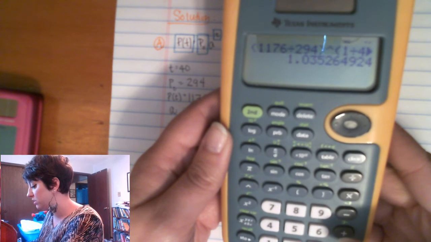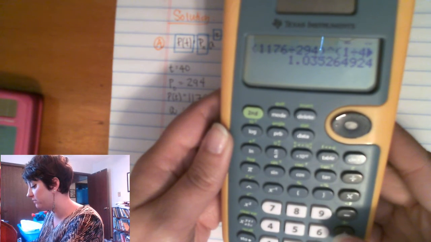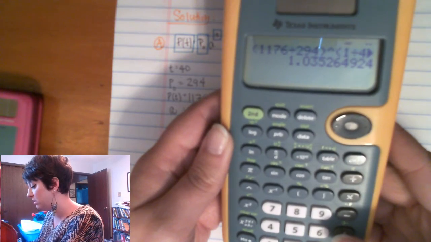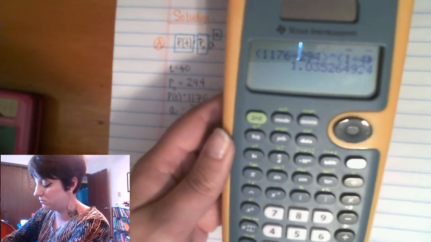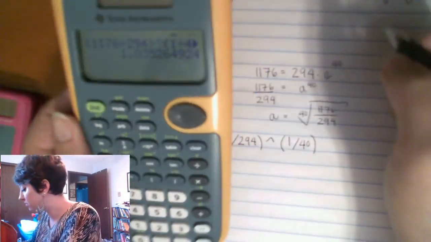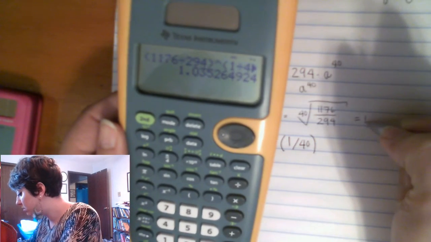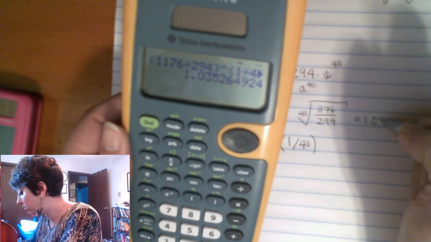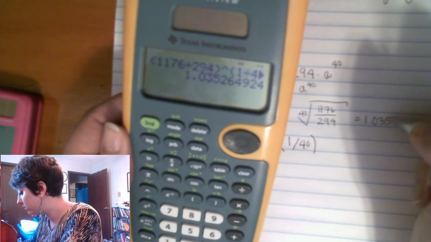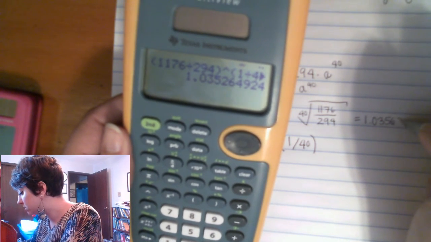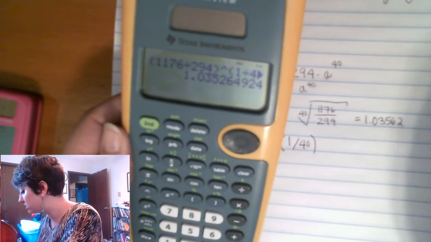All right, equals, so I get 1.035264924. So that's 1.03526.